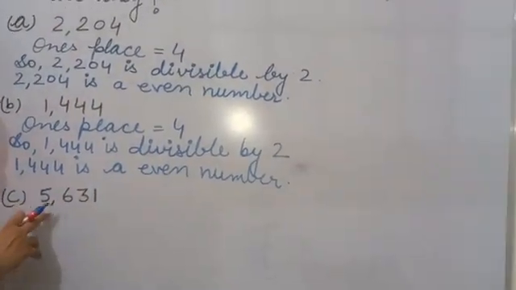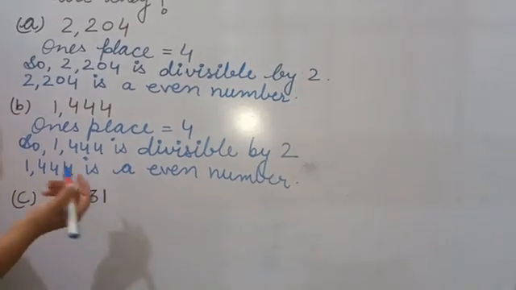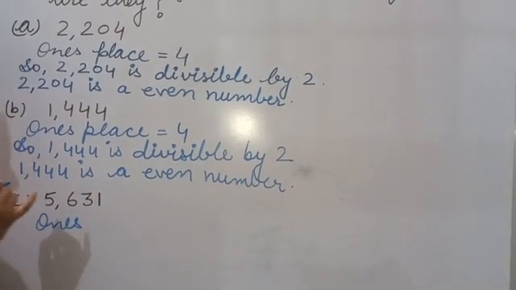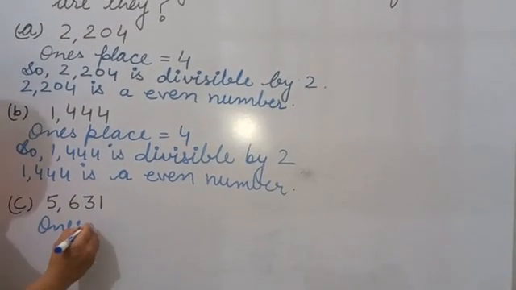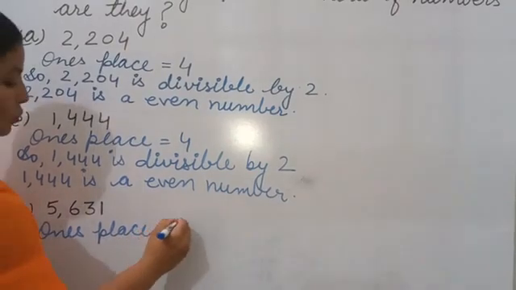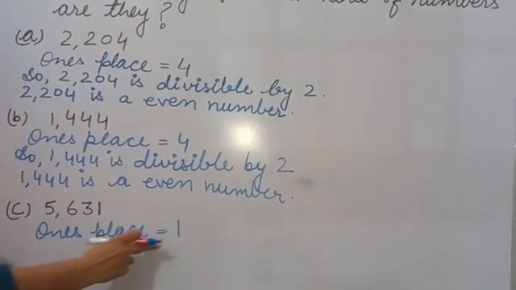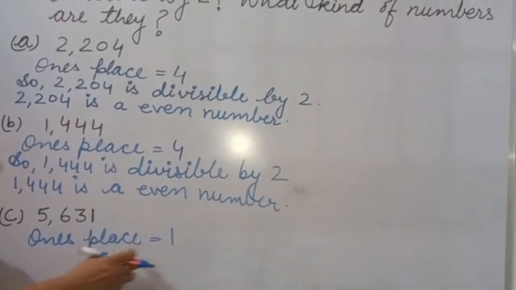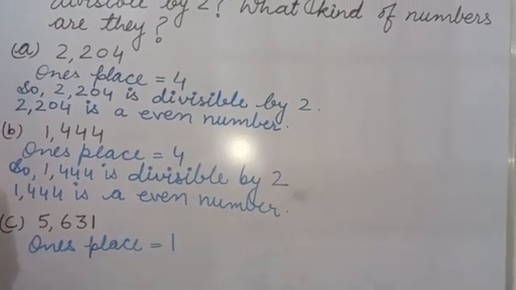Here is 5631. Again we check ones place. So we write here ones place. You can write ones column also. At your best you can write ones place equals to 1. 1 is odd or even? This is odd. Okay. And when we have odd, so that is not divisible by 2.